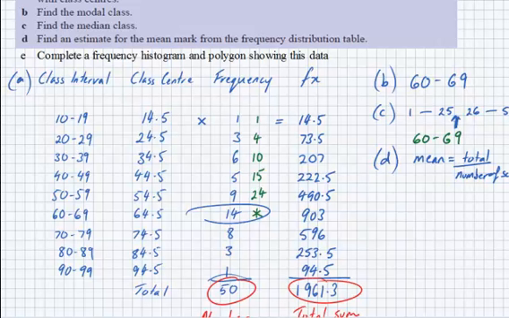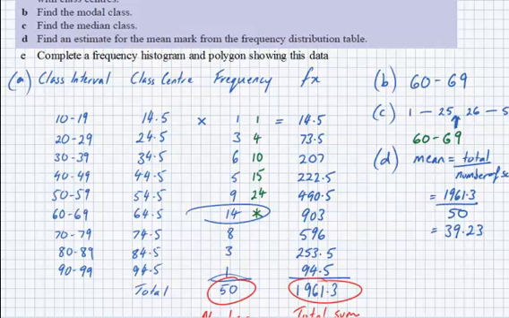So that means we will have 1961.3 over 50. So do that calculation and you should get 39.23. Okay, that's your mean mark.